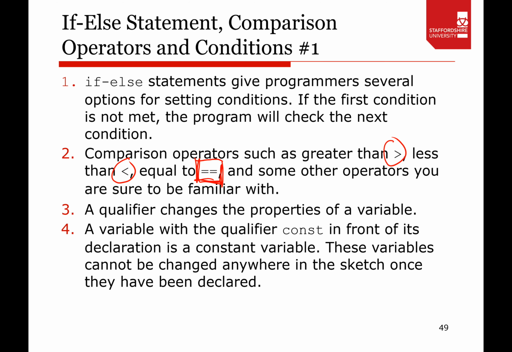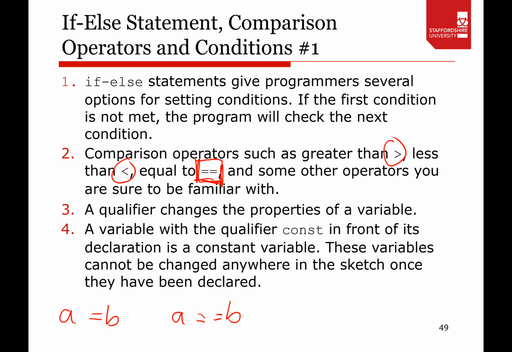Otherwise, if we only used a single equals sign, it would mean like A equals B, whereas a double equals sign means, does A equal B? And there are other operators you are sure to be familiar with. I have mentioned some earlier in this lecture.